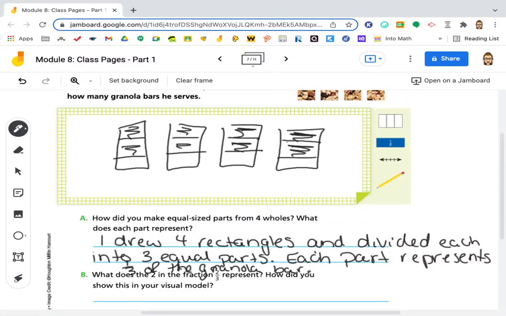What does the 2 in the fraction 2/3 represent, and how do you show this in your visual model?